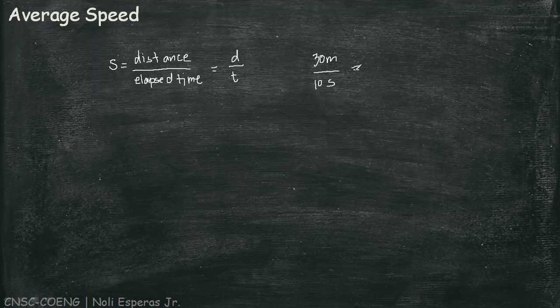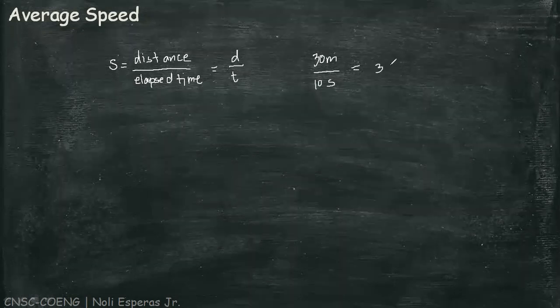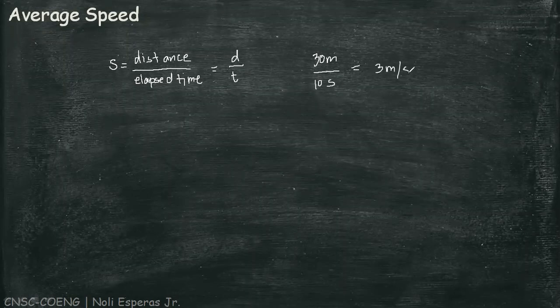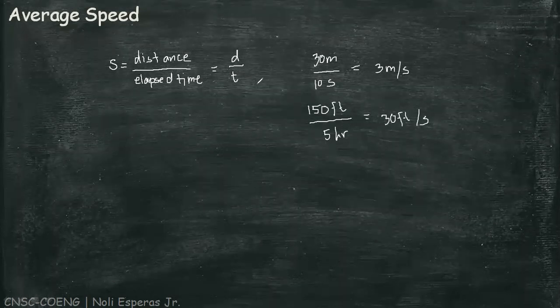Therefore, the average speed of that object, by dividing, is 3 meters per second. Or let's say an object moves 150 feet within, let's say, 5 hours. Therefore, its average speed, dividing 150 by 5, is 30 feet per hour.